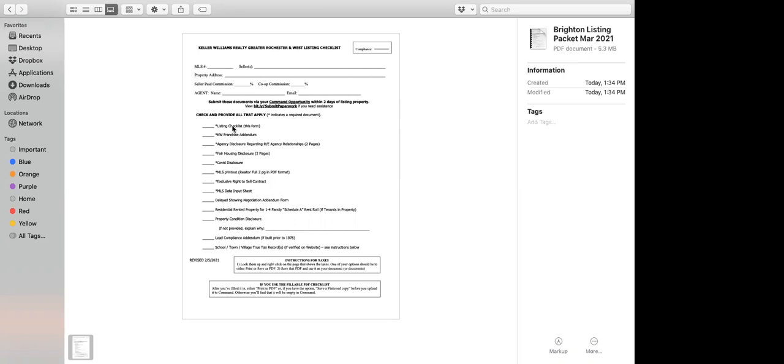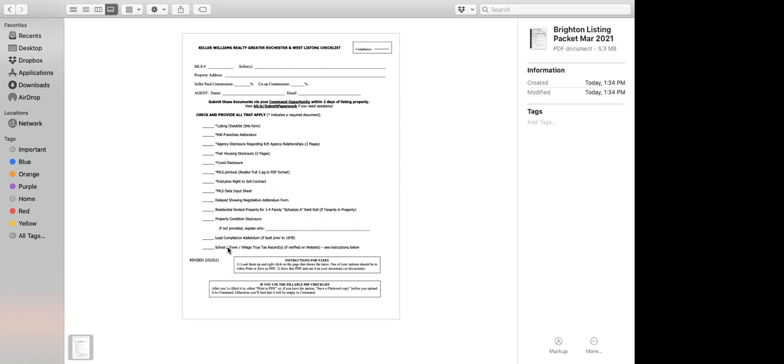You're going to have this form, which is the listing checklist, the KW franchise addendum, the agency disclosure, fair housing disclosure, COVID disclosure, MLS printout, exclusive right to sell, MLS data, delayed negotiations if applicable, residential rental 1 to 4 family if applicable, property condition disclosure, most of the time it's applicable, and lead disclosure if the house was built prior to 1978. And you want to print out the school and town taxes.